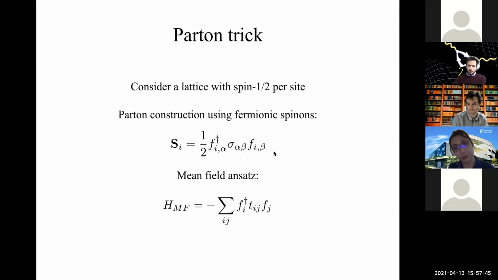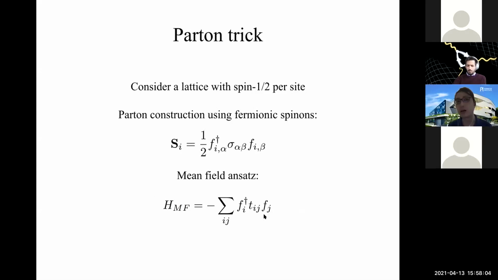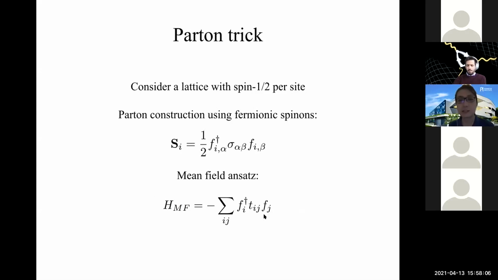So if you do this, now you can make a mean field ansatz, not directly in terms of the spin, but in terms of the fermions themselves. So the procedure is to consider a mean field theory, which is basically just a fermion hopping problem on the lattice, with some hopping parameter Tij chosen self-consistently.